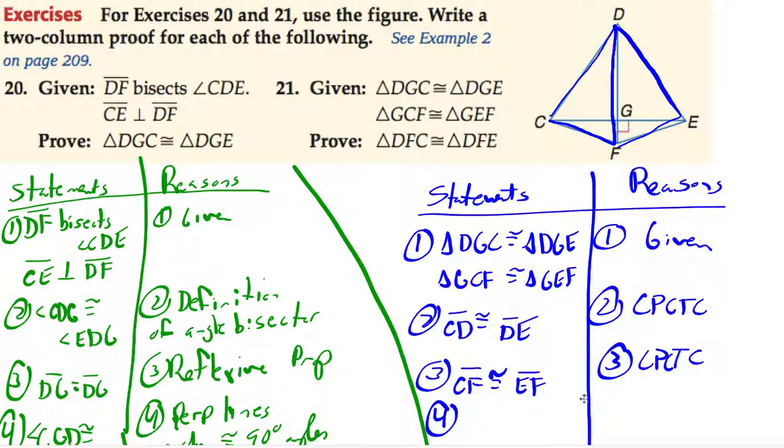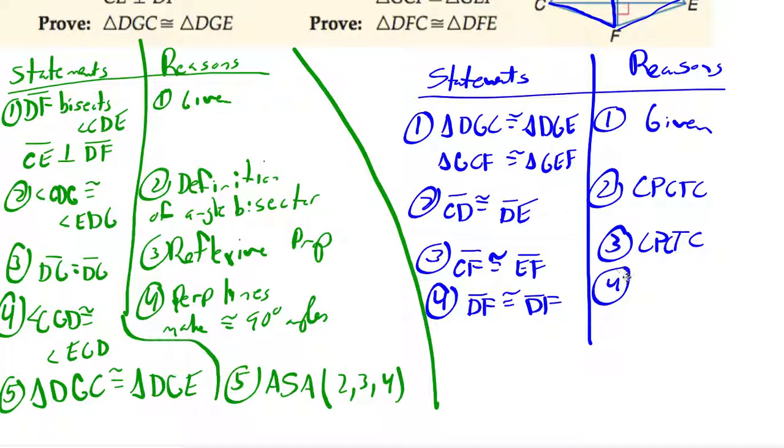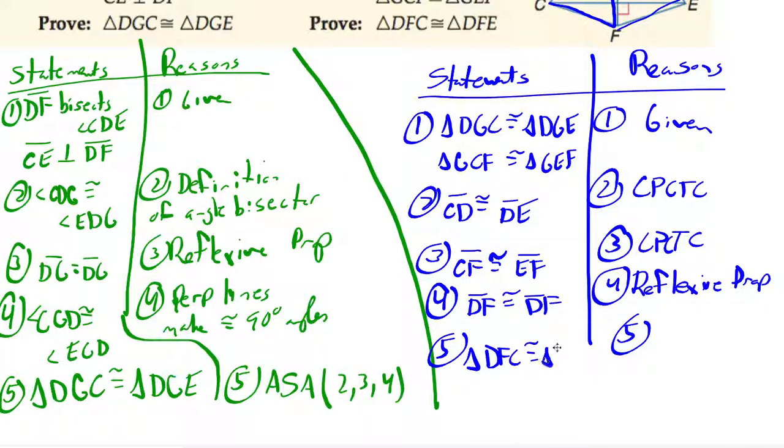And then finally, I can actually say that DF is congruent to DF, and that is the reflexive property. And therefore, triangle DFC is congruent to triangle DFE, and that is side, side, side from steps 2, 3, and 4.